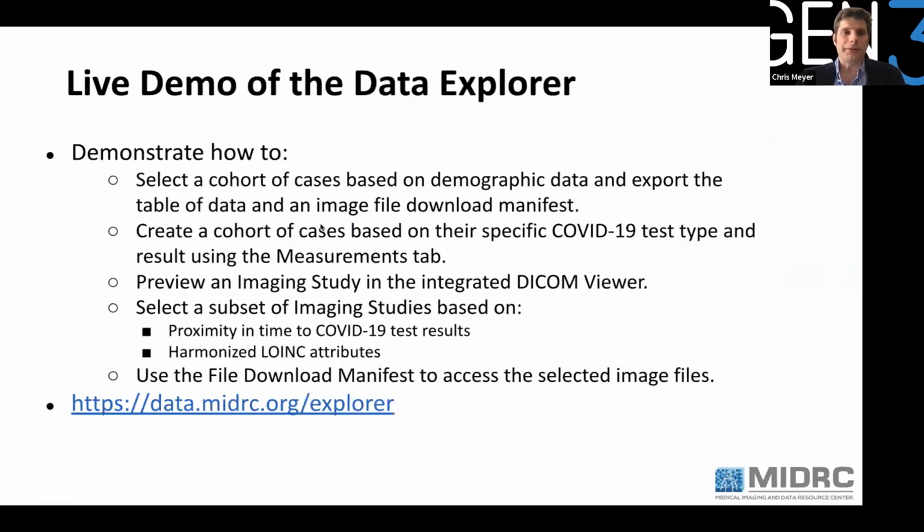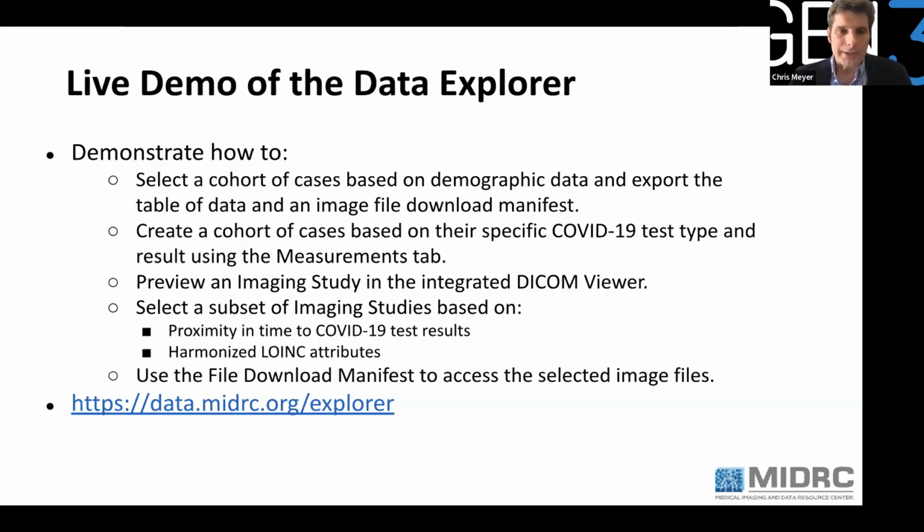Now, getting over to the live demo portion of the Explorer app. I'm going to show how to select a cohort of cases based on demographic data and export that table of structured data, as well as get an image file download manifest for that selected cohort. I'll show you where to find the COVID-19 test information and download that data.